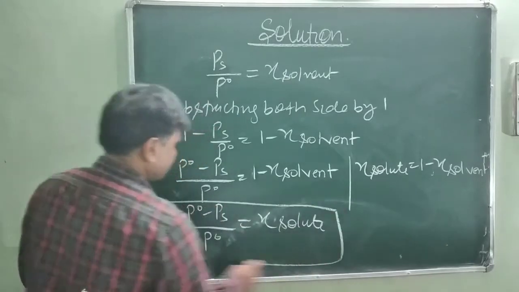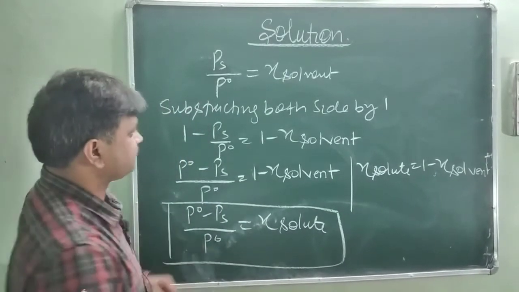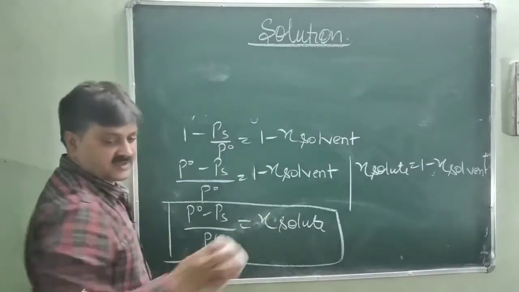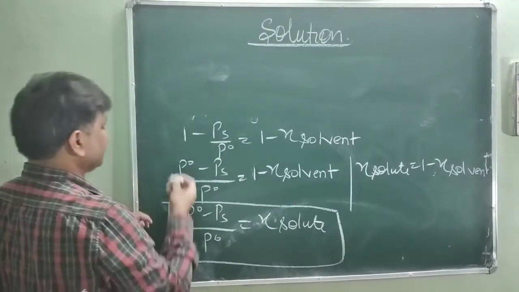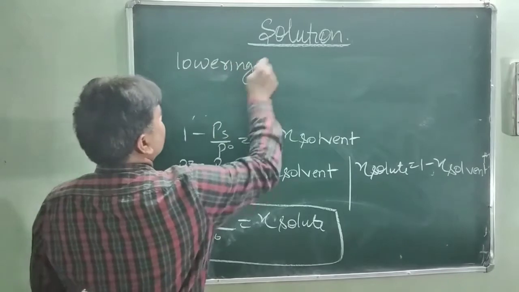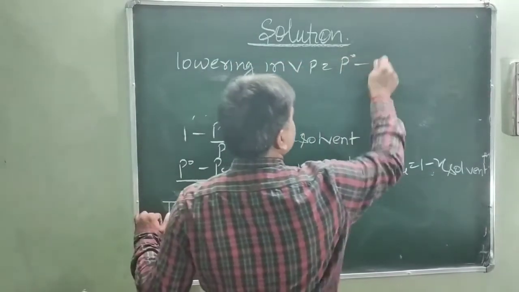So this is Raoult's law, and this value is called the lowering in vapor pressure, equal to P naught minus PS.